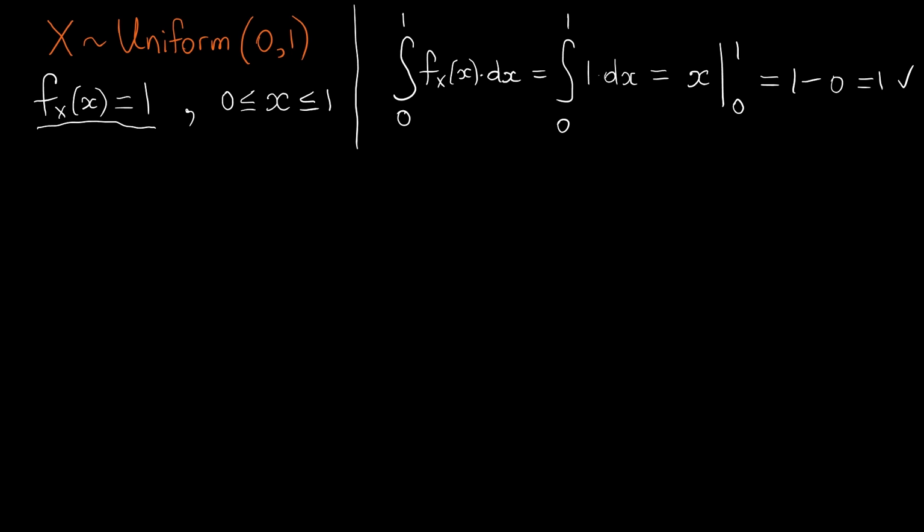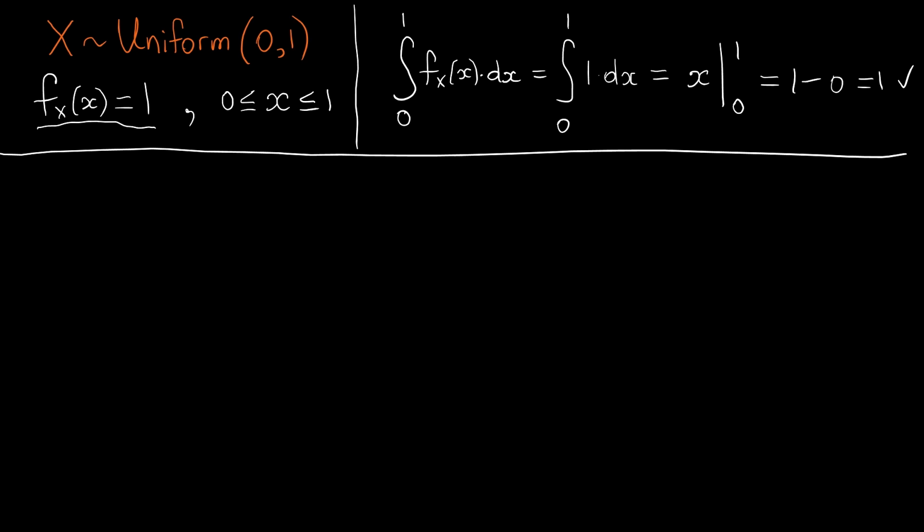Now let's compute the expected value of this random variable. The expected value of x, by definition, would be the integral of x times the PDF of x, evaluated at lowercase x, over the support. And the support is the interval from 0 to 1.